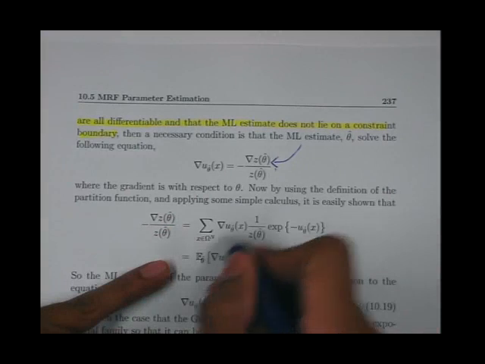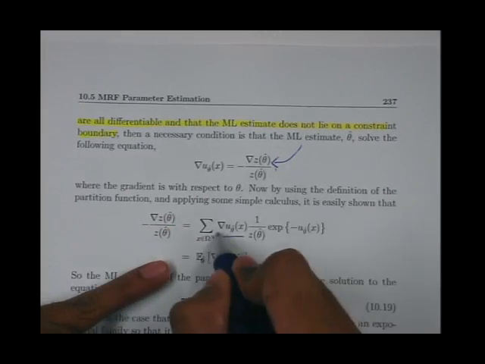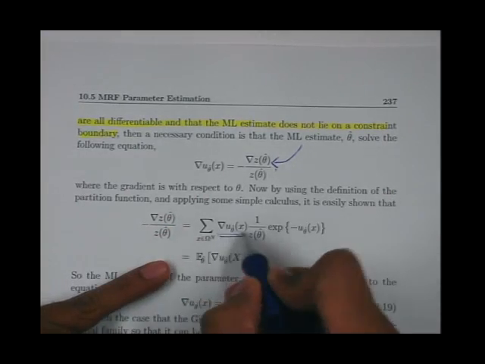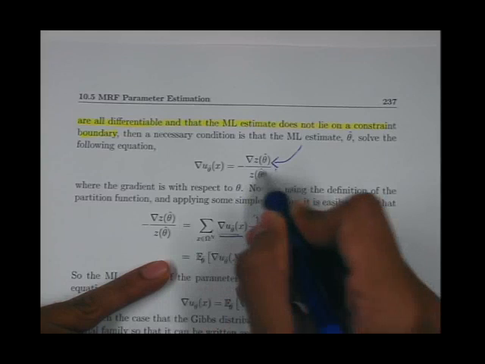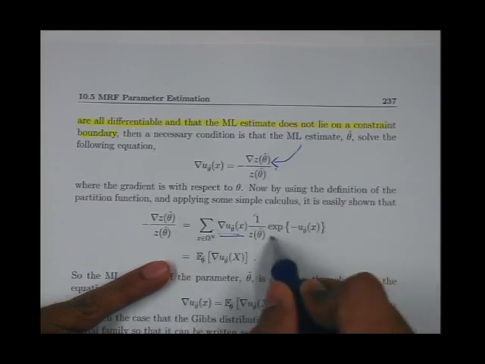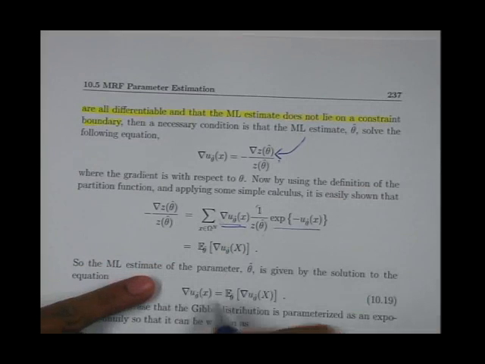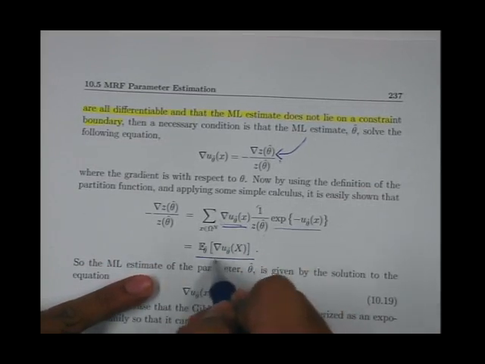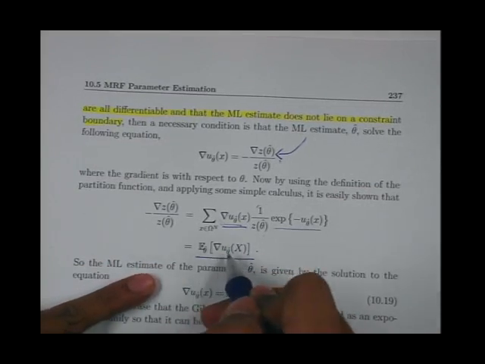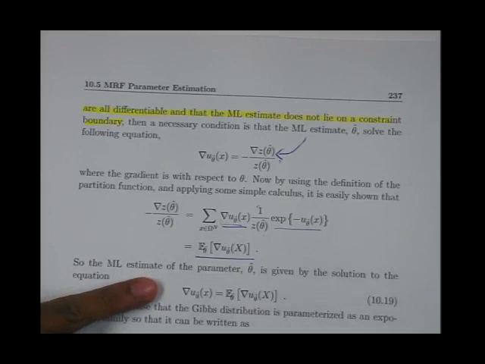What that essentially tells you is that you get some gradient of u of theta times 1 over Z theta that comes from here, and you get some term over here. Alright? And what you essentially get when you solve that is this is simply the expected value of the gradient of this energy function. Okay.